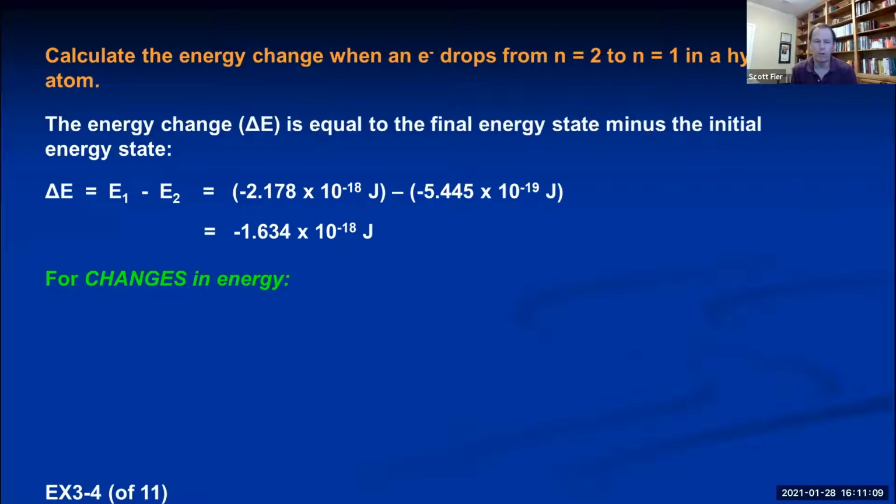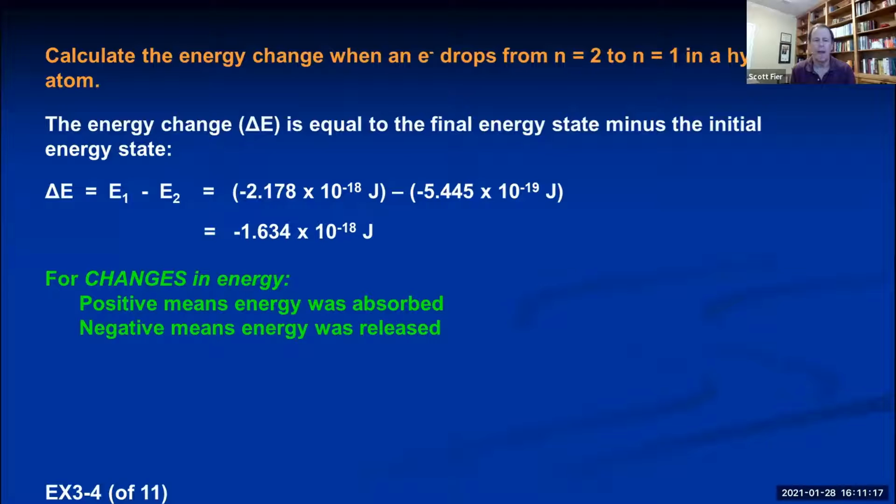So for changes in energy, if you get a positive number, that is going to mean in physics energy was absorbed. If you get a negative number, that means energy was released. So the only way you can make those definitions hold is if you always go final minus initial, you subtract the initial from the final.